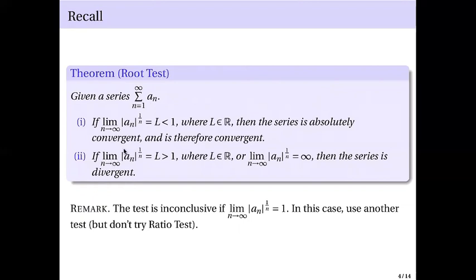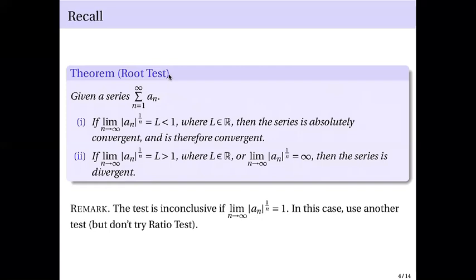If the limit of the absolute value of a_n raised to 1 over n is a real number that is greater than 1 or is plus infinity, then the series a_n is divergent.